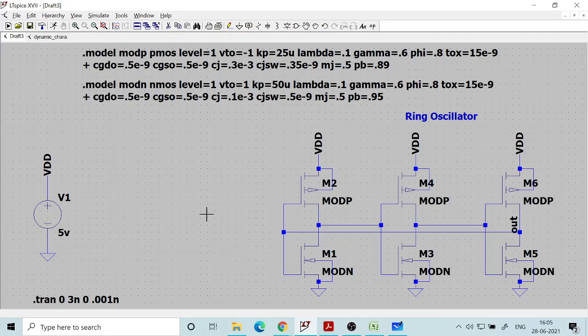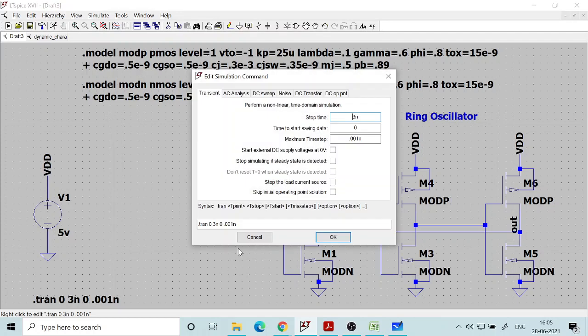So let's see what happens with the output. Let us do the transient analysis, but let's do it for 1 micro. Let's see what happens.